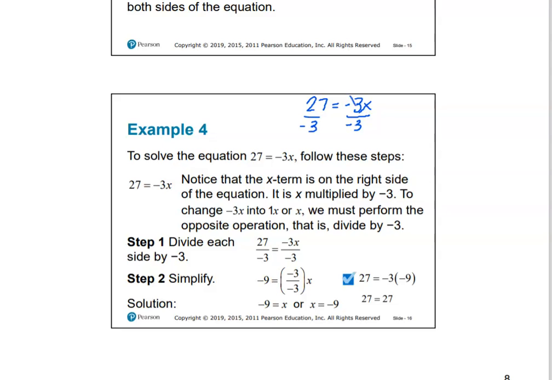Negative 3 divided by negative 3 cancels out because it turns into 1. So we end up on this side just having x, and 27 divided by negative 3 ends up being negative 9. So if we plug in negative 9 into our equation, negative 3 times negative 9, we would get back our 27 that we started with.